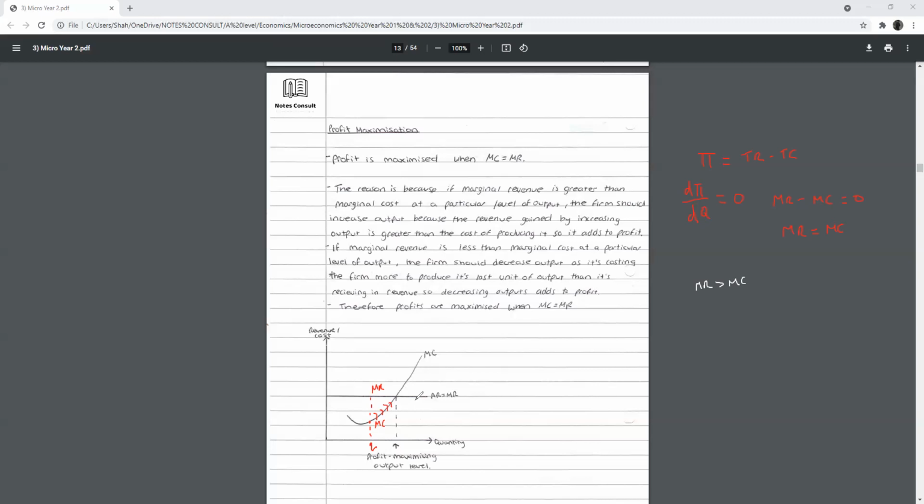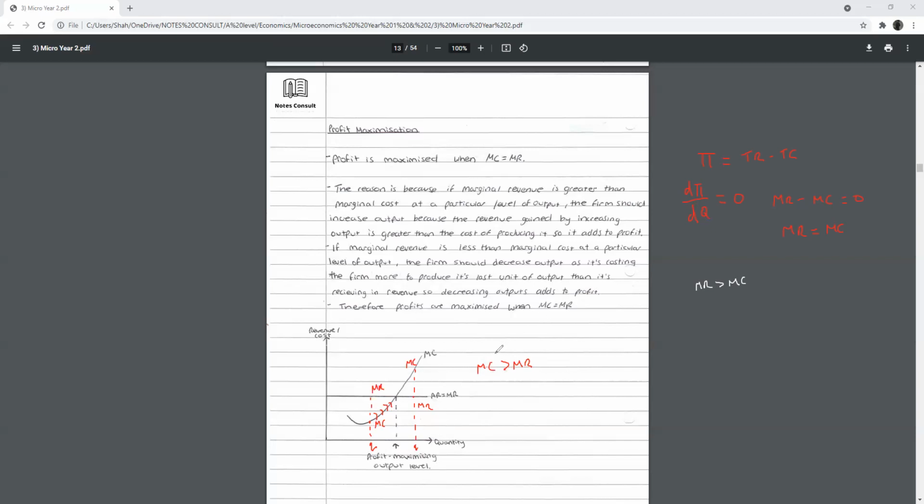Say if my marginal revenue was lower than my MC. So say if I'm producing here, my quantity is here. This is my marginal revenue. This is my marginal cost up here. Now MC is bigger than MR. So what should I do? Should I produce more or less? I should produce less, isn't it?